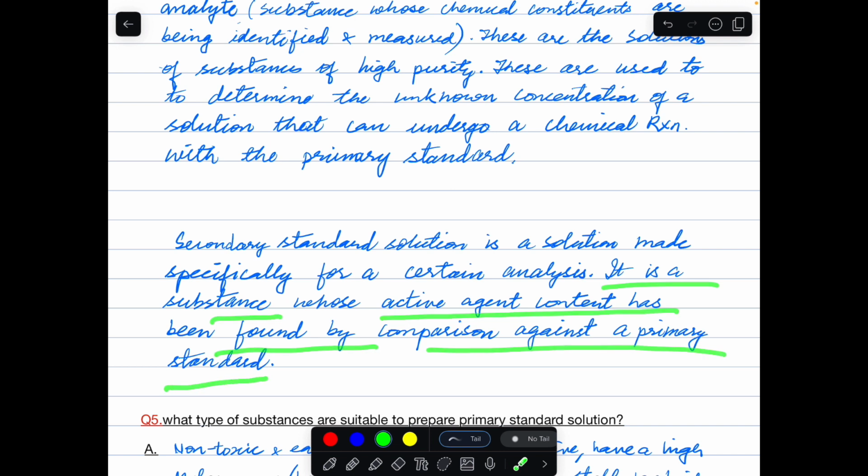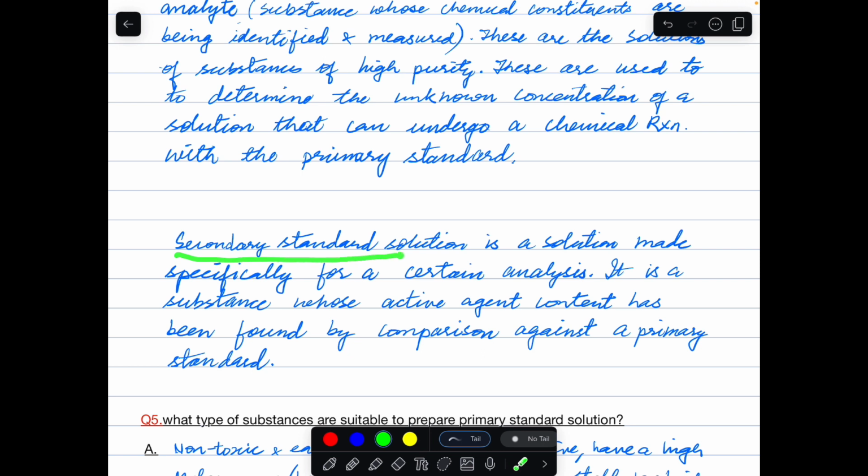So sodium hydroxide solution is prepared, and its accurate concentration we will find out by titrating it, or by doing analysis with a weak acid, that is the acid base titration, and we will know the accurate concentration of sodium hydroxide. Then we can use it as a standard solution called a secondary standard. Okay, so sodium hydroxide cannot be used as a primary standard because of its hygroscopic nature.